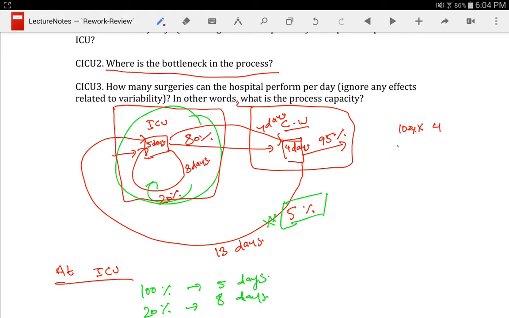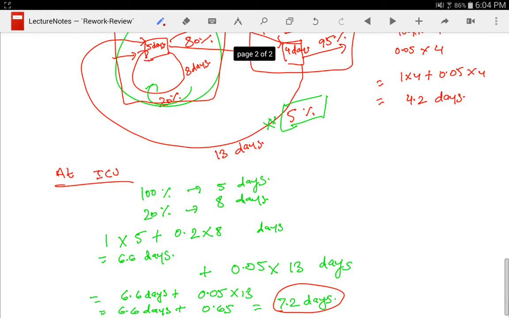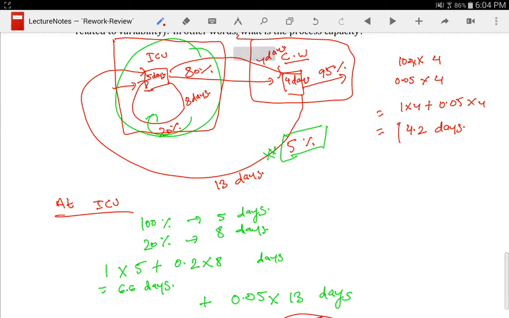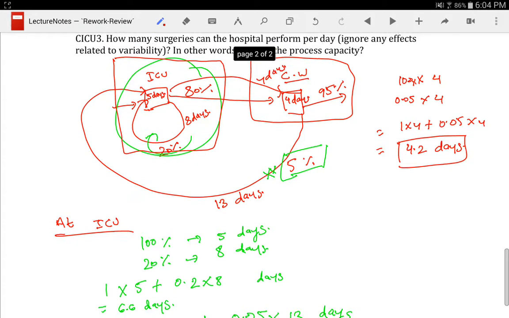Another 5%, which went there and came back again, spent another 4 days. That is 1 times 4 plus 0.05 times 4. So an average patient stays there for 4.2 days. So we know the processing time on average for the patient at the ICU is 7.2 days, and the processing time for an average patient at the cardiology ward is 4.2 days.